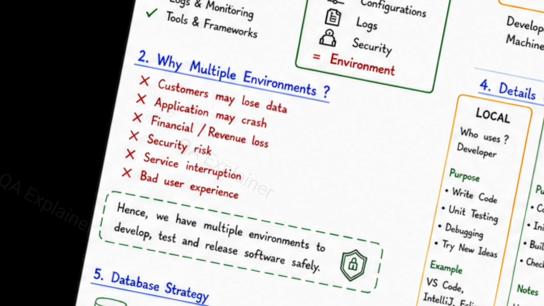Another is service interruption: if any service goes down, the entire application goes down. And bad user experience: if more users come to the environment and it is not able to balance the load properly, the software will be laggy and slow, and it will affect the user's experience. That's why we need multiple environments.